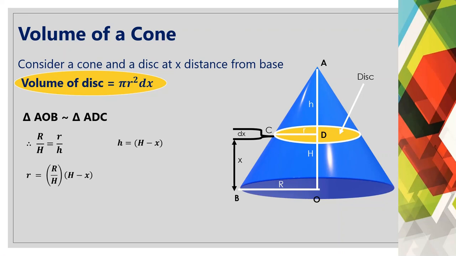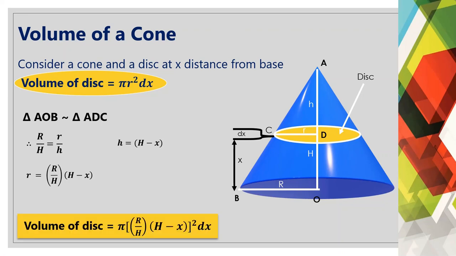On substituting r in the formula of volume of disk, x will be the only variable which will change from one disk to another. All other parameters such as capital R and capital H are fixed, as it is the radius and height of the cone which is constant.